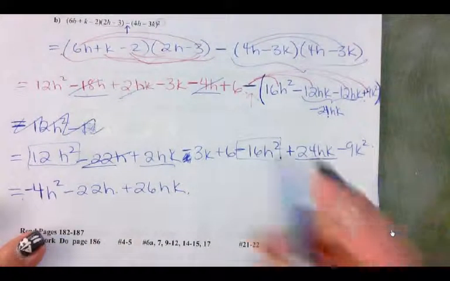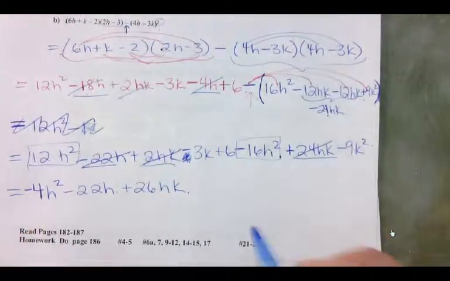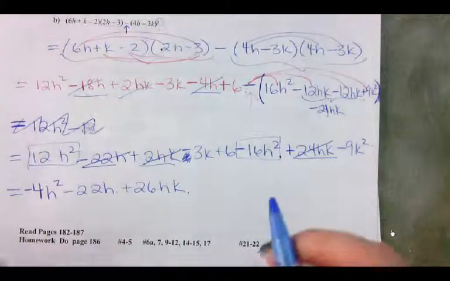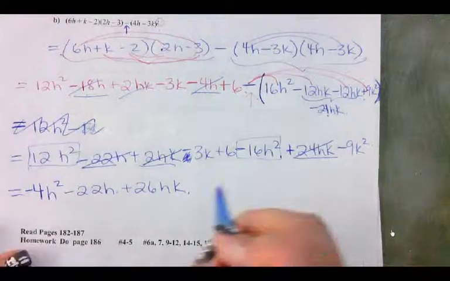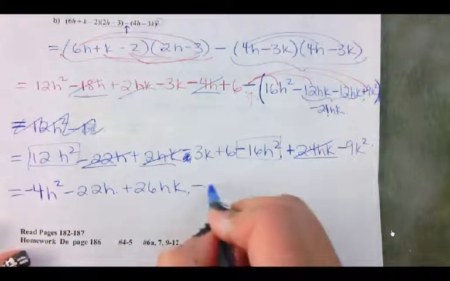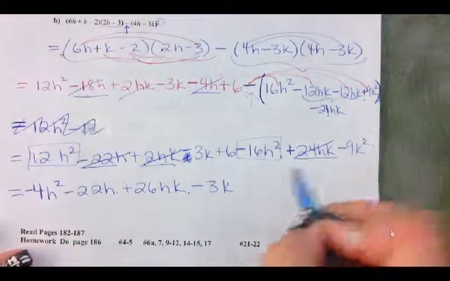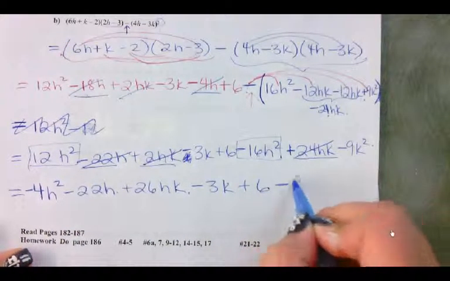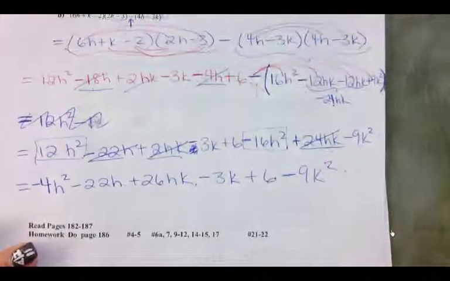Okay, that's 26 of them. I'm going to cross them off as I deal with them so that I can keep track. You can see that this is getting a lot to keep track of, right? And it's really a matter of just keeping track of it. And plus 6 and then minus 9k squared.